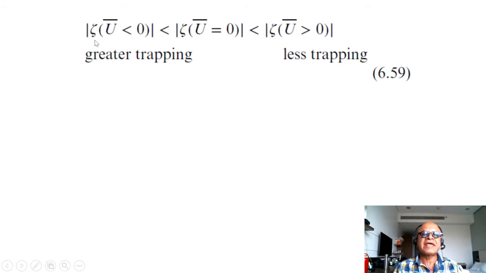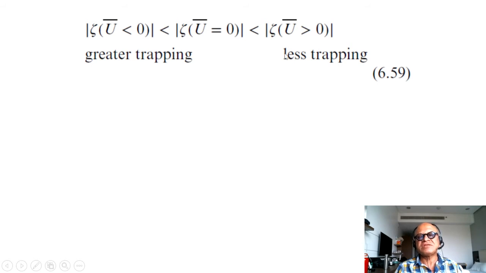So we end up getting induced vorticity for easterly flow having lower vorticity than the stationary state, which itself is less than the westerly basic state. So this has greater trapping, which means the turning latitude is closer to the equator compared to either the stationary basic state or the westerly basic state.